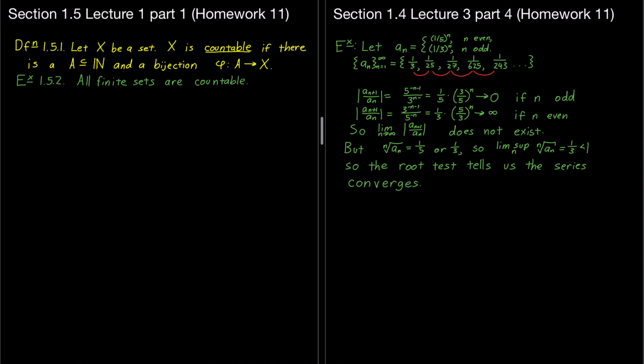Because finite means you can put a bijection onto some bounded subset of the natural numbers, or you can just build a function where you put an order on the elements of your set, and then you just let phi of 1 be the first one, phi of 2 be the second one, and eventually you run out.